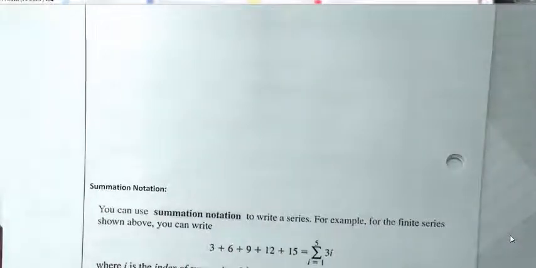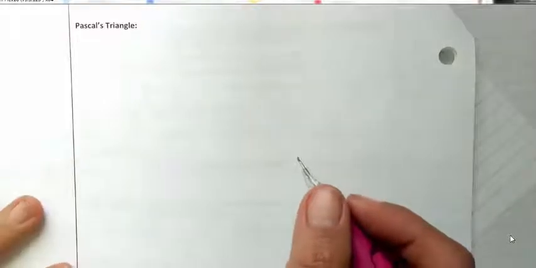All right, Pascal's triangle. We talked about this in Algebra 2. So Pascal's triangle, the reason I'm bringing this up is because every entry in Pascal's triangle is actually a combination. Now, we use Pascal's triangle to help expand binomials.